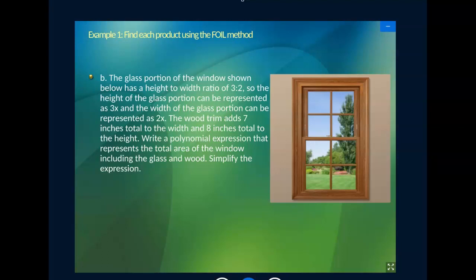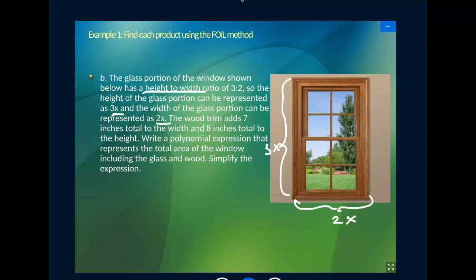So this problem says the glass portion of the window has a height to width ratio of 3 to 2. So that means that the height is like the 3 and the width is like the 2. The height of the glass portion can be represented as 3x. So where I wrote that 3, we're just going to add a little x. And the width as 2x, so we're just going to add an x.